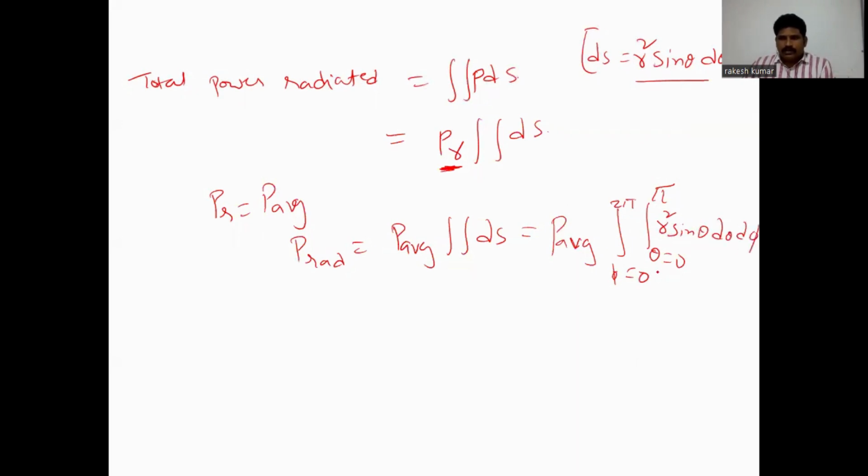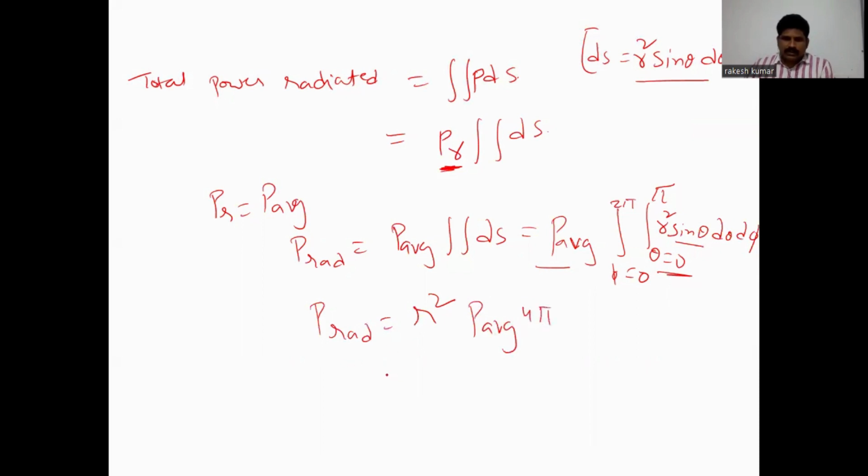Here P average has no r component, so P radiated is equal to r squared into P average, integrated over sine theta. What is the integration of sine theta? It is minus cos theta, and if you apply the limits 0 to pi, you will get 2. So we will get P average into 4 pi r squared.